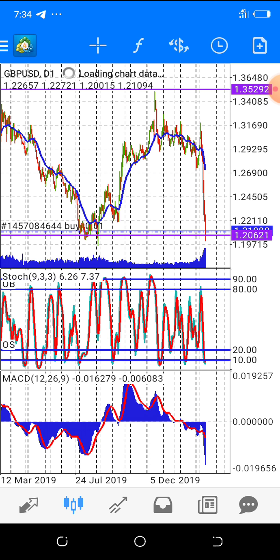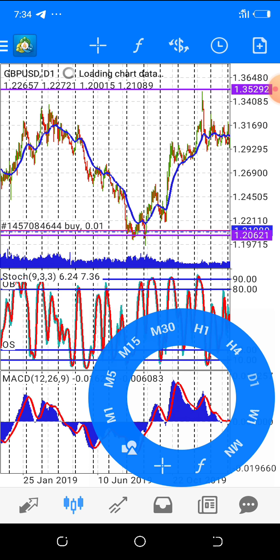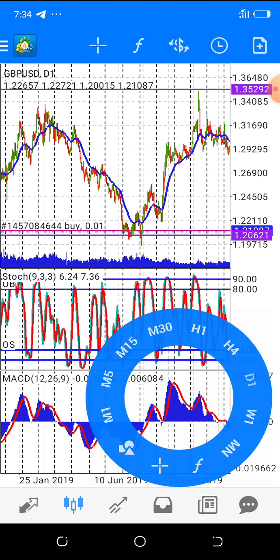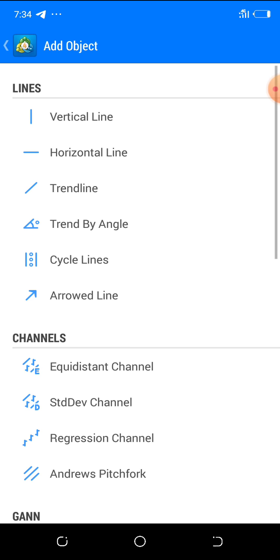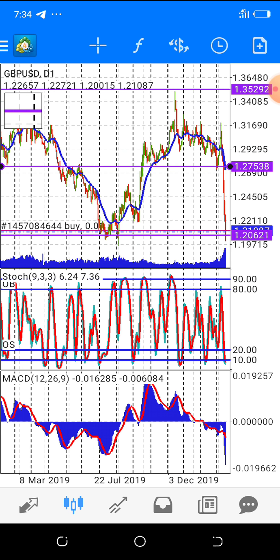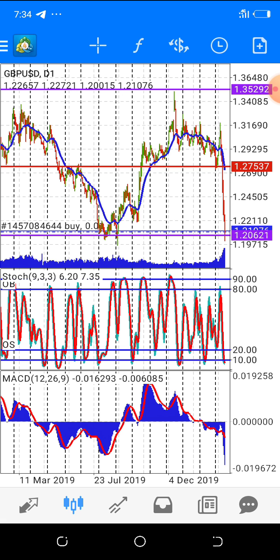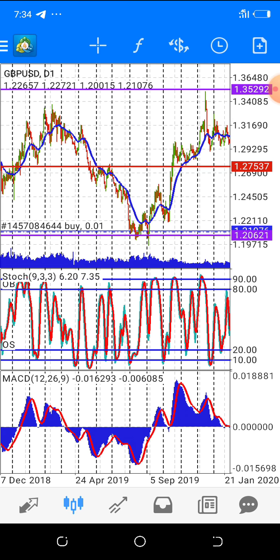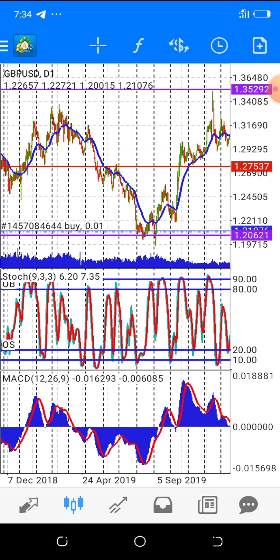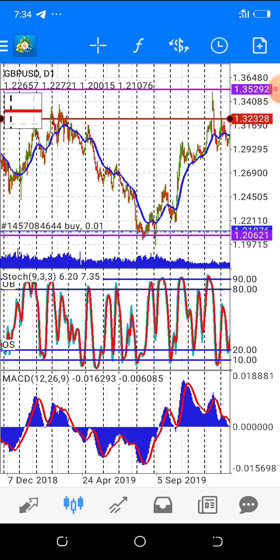The next thing you want to do is to come to your daily time frame. You're still zoomed in, so you're going to draw your key resistance on the daily. I'll change the color to red. I like using red for my daily. So where can you see a resistance? Very obvious.